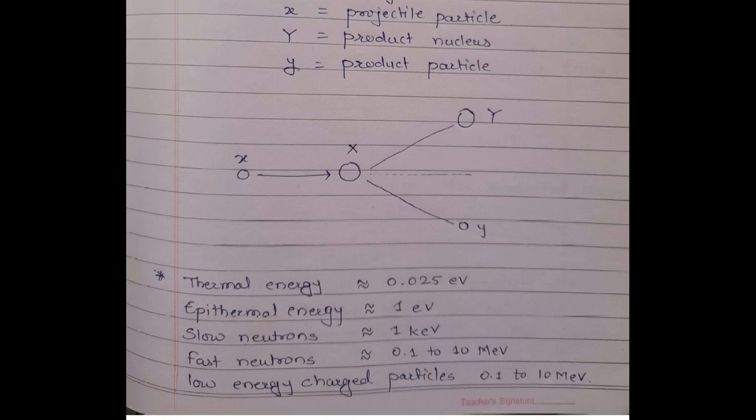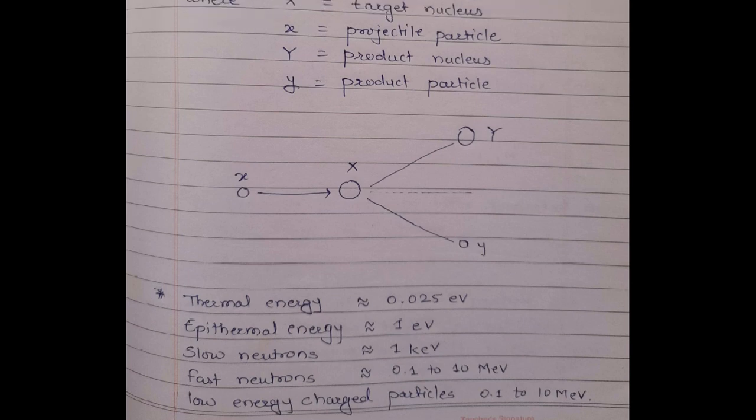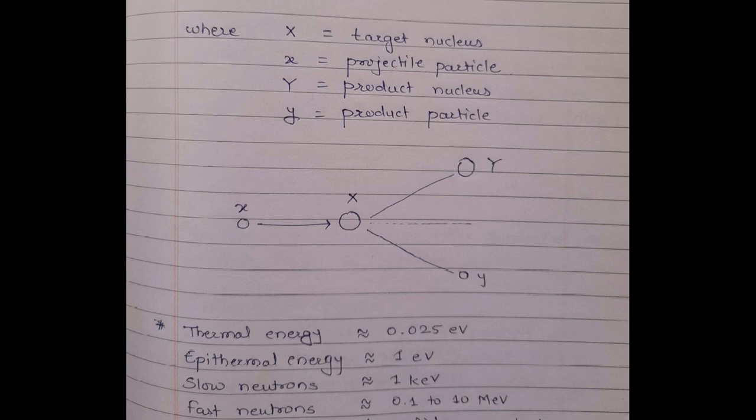Now before going further, you must be familiar with the different energy intervals involved in a nuclear reaction. If the energy involved is of the order of 0.025 electron volt, we call this energy range thermal energy.